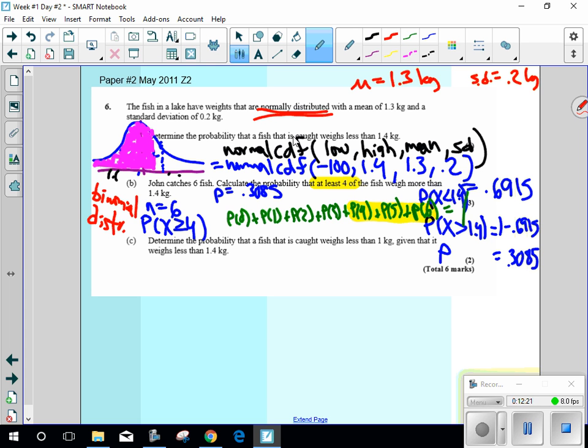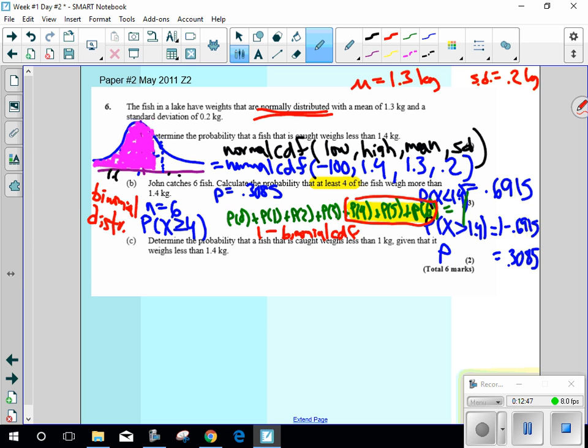Okay, so what I'm going to do is I'm going to solve for these by taking 1 minus binomial CDF, because I'm going to accumulate 0, 1, 2. What's the last one I'm going to take away to leave probability 4, 5, and 6? 3.